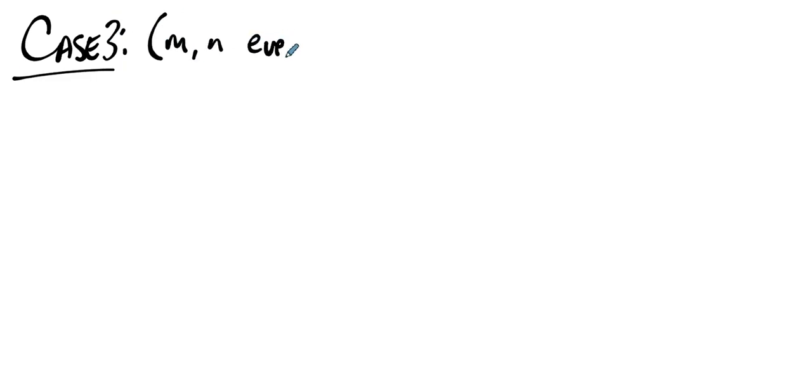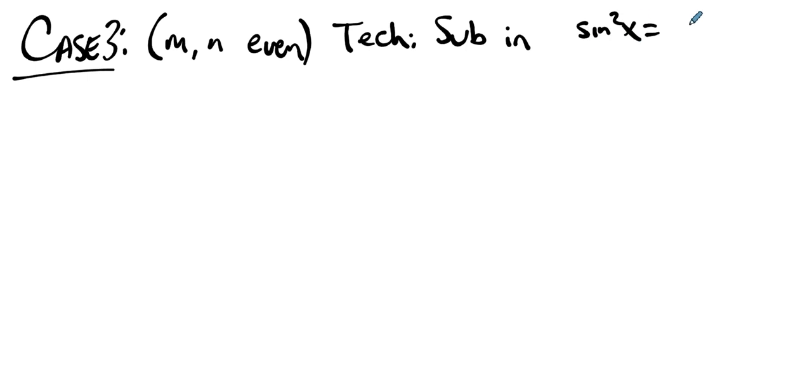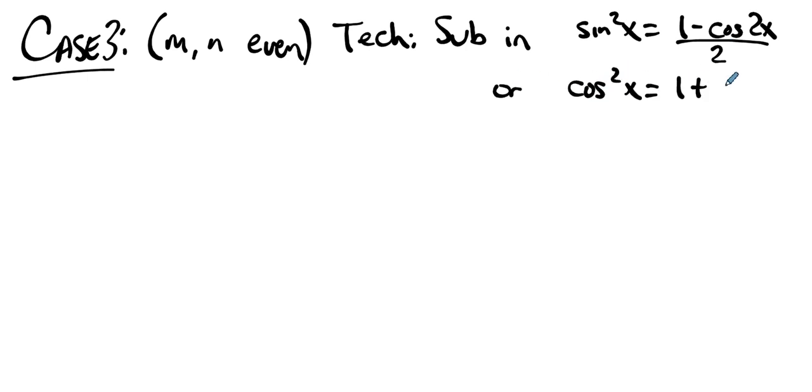So what happens if both the power on sine and the power on cosine are even? Well, then the technique is to sub in from a double angle formula. And we know that sine squared of x is 1 minus the cosine of 2x over 2. We know that cosine squared x is 1 plus the cosine of the double angle over 2.